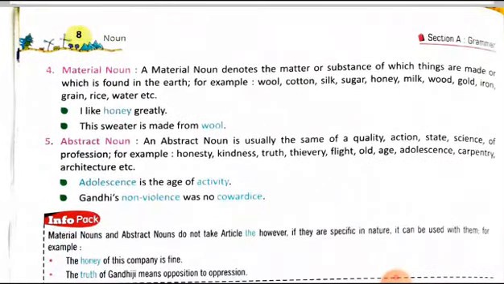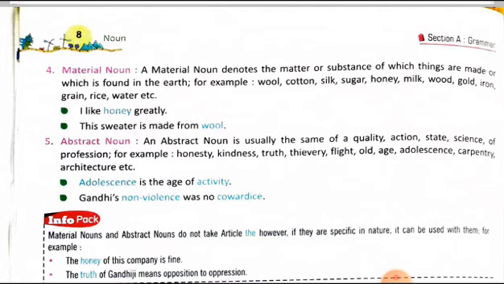And finally, abstract noun. An abstract noun is usually the name of a quality, action, state, science, or profession. For example, honesty, kindness, truth, theft, flight, old age, etc. An abstract noun is a kind of noun you cannot see or touch.